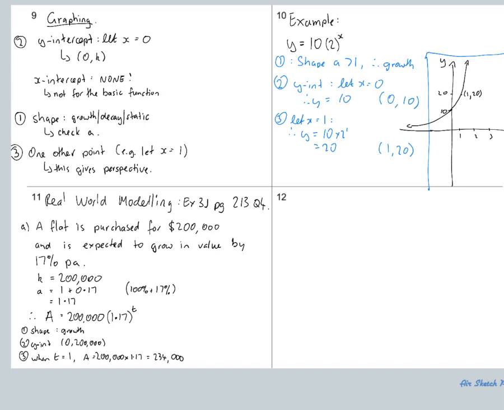Graph. Using a ruler like I have, A versus T, or T versus A. So I'm not using Y and X. Label 200,000 here.